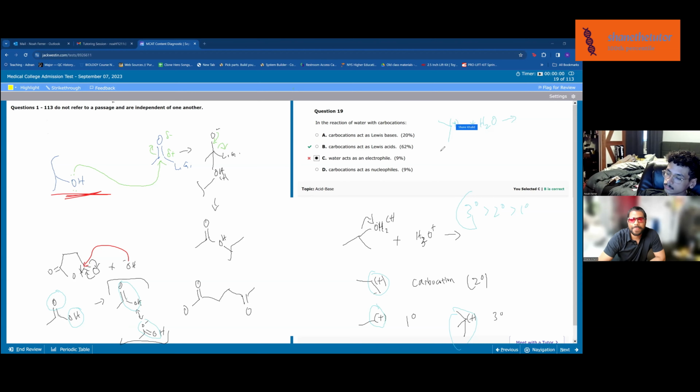We'll get the carbon skeleton and then a hydronium ion. So think about it in terms of everything that we've been doing so far. Orgo is all about these arrow things. So think about it in that way.